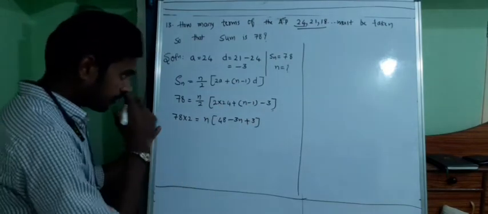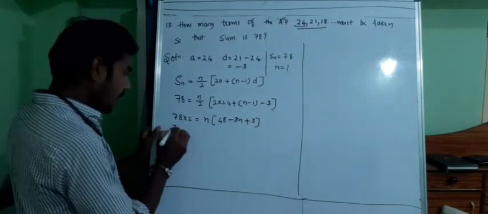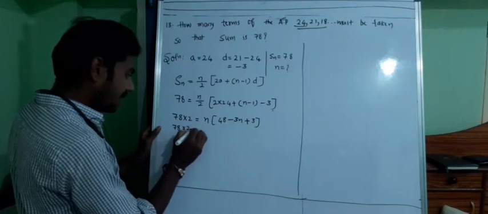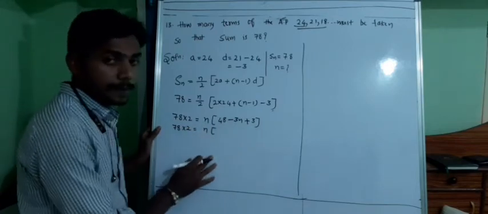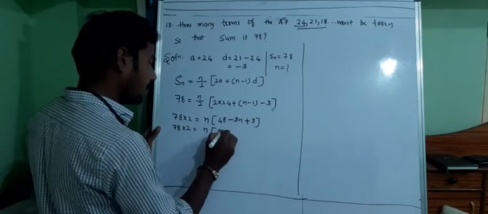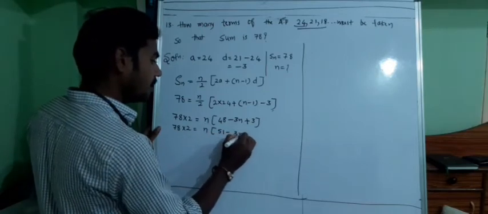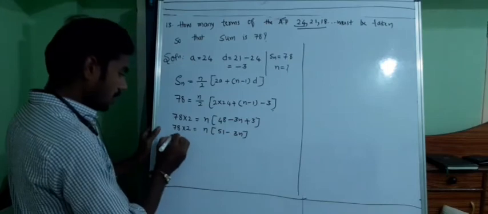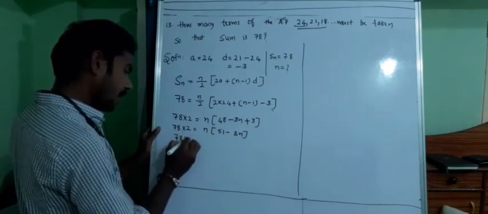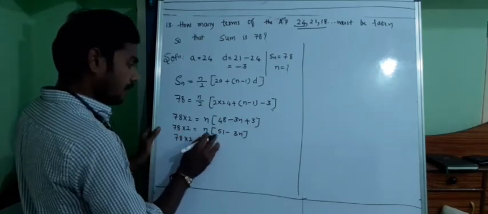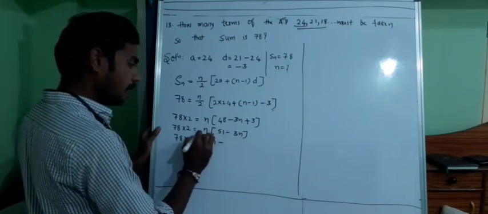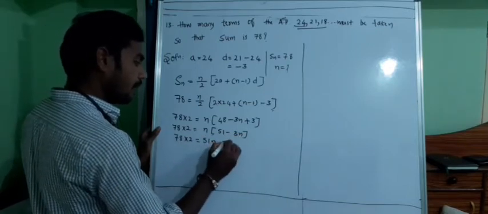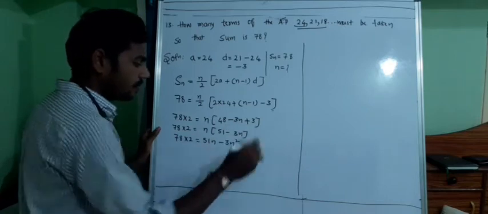Now 78 into 2 keep as it is. n let it be, 48 plus 3, 51, 51 minus 3n. Now 78 into 2 I'll keep as it is, 51 into n, 51n, minus 3 into n, 3n into n, minus 3n square.